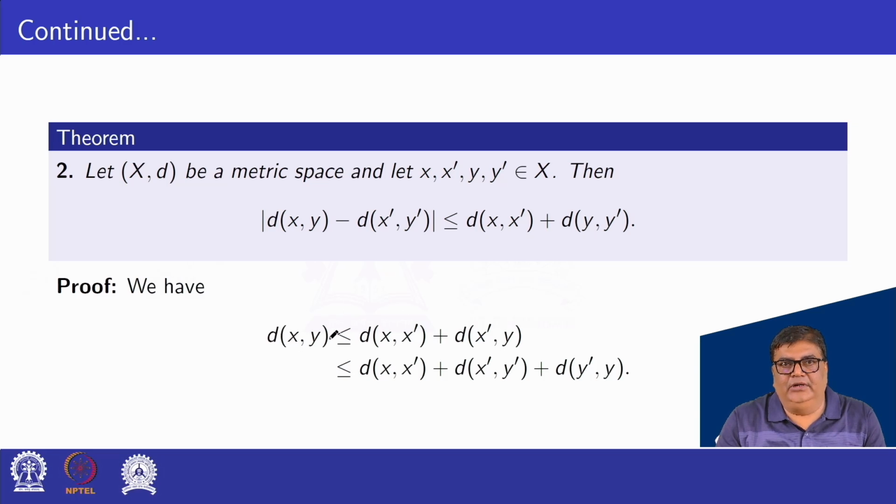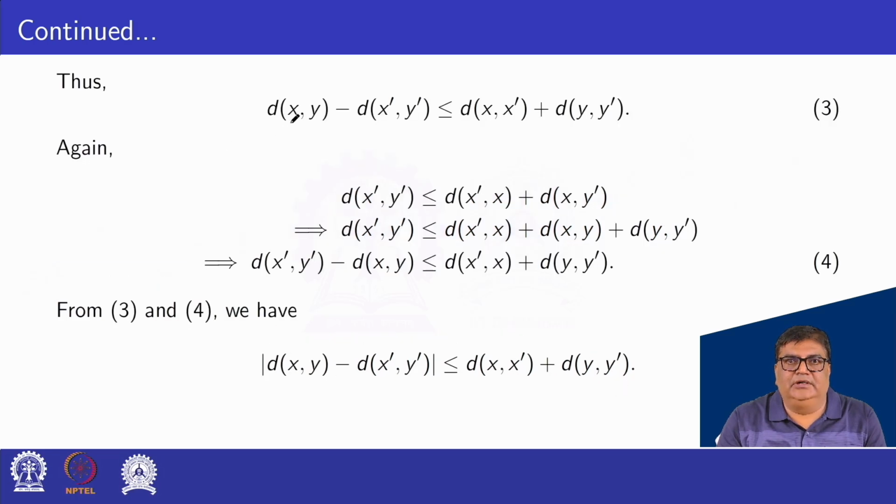Suppose 3 points x, x', y are in X, then apply the fourth property of the metric, that is d(x,y) is less than or equal to d(x,x') plus d(x',y). Again, we can apply the fourth property for d(x',y): it is less than or equal to d(x',y') plus d(y',y).